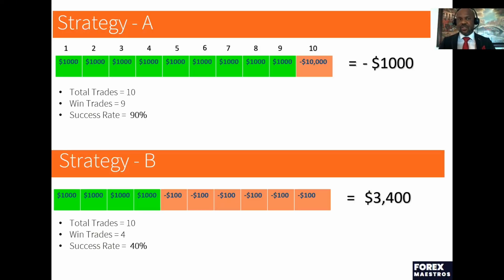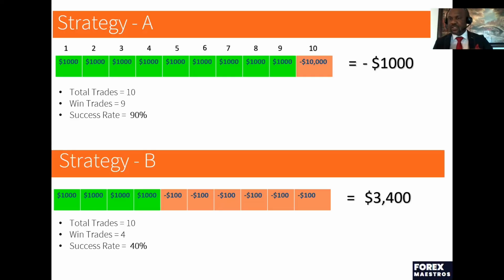We use it in trading a lot. Now look at strategy A. His risk is $10,000 every time he trades. He didn't know. Probably he doesn't even have any idea of risk management. He doesn't even use a stop loss. So every time he's trading, he risks $10,000, but he was fortunate that the loss was never hit.